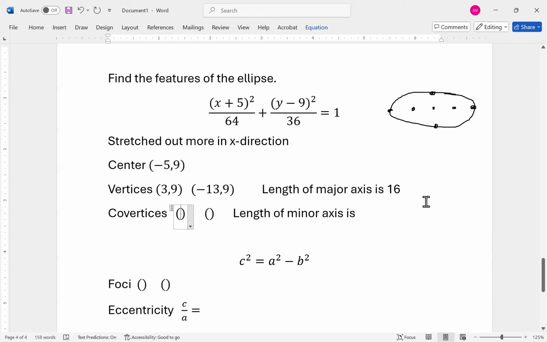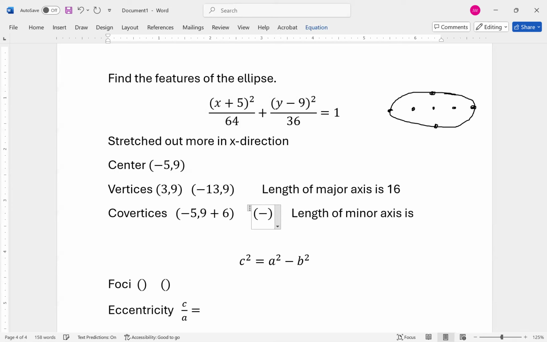Now the co-vertices are going to be found when you move up and down. And we're going to have to move up and down 6 units. Since b squared is 36, b is 6. So we start at the center, which is -5, 9. And then we add 6 units to the y value.